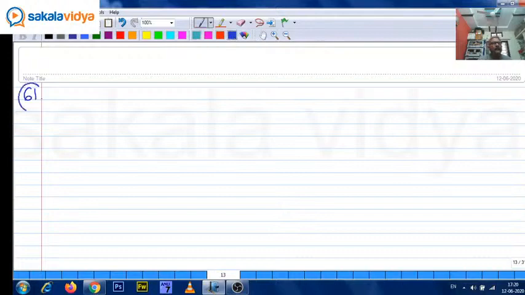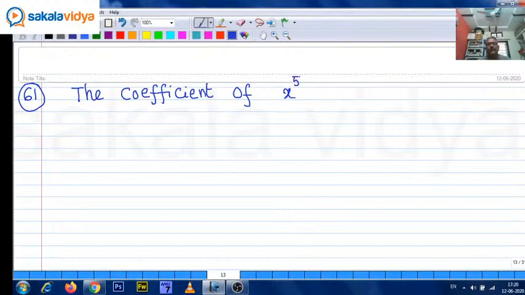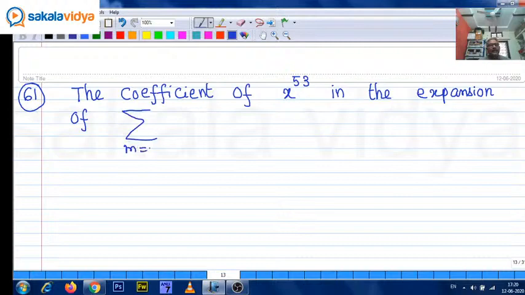Sixty-one. The coefficient of x to the power of 53 in the expansion of the sum over m equal to 0 to 100 of mCm... (x minus 3) to the power of (100 minus m) into 2 to the power of m is.